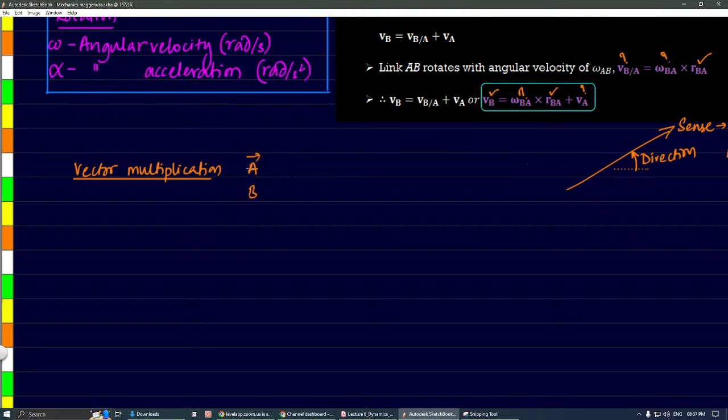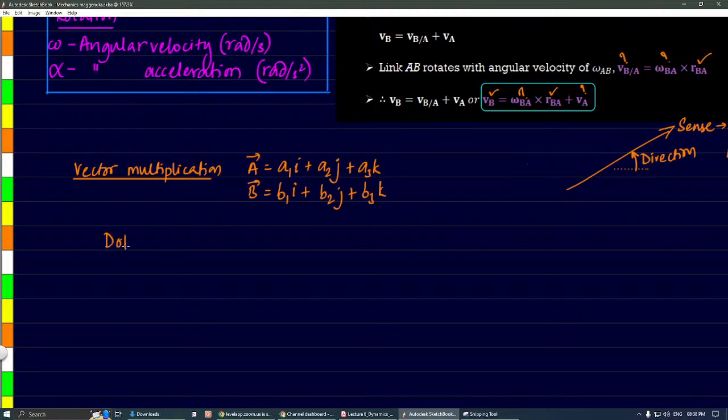Let's write A as A1 i plus A2 j plus A3 k. The vector B, let us write as B1 i plus B2 j plus B3 k. So A1, A2, A3, B1, B2, B3 are all constants.